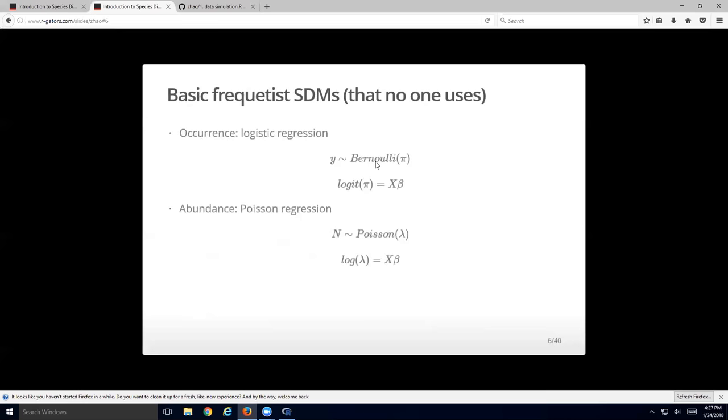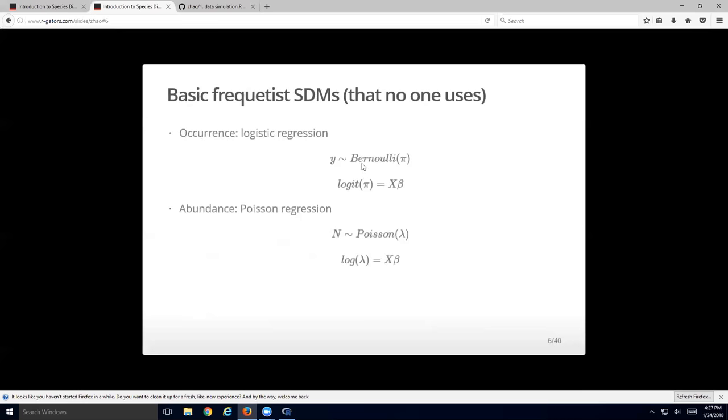Your observation is the occurrence, or the presence or absence, of a species. So in this area you see that species, in that area you don't. And that 0-1 data follows a Bernoulli distribution with this probability pi.